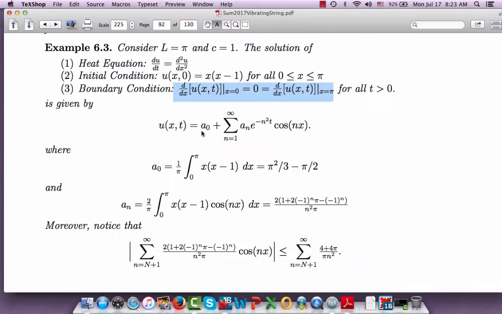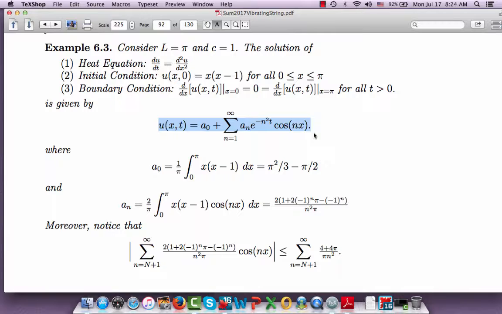From our general solution, without any boundary condition specified, we had a series like this, except it also had some terms added to it, b sub n sine nx as well. So what we realized was when we differentiate this function in the x variable, all those sine terms turn into cosine terms.